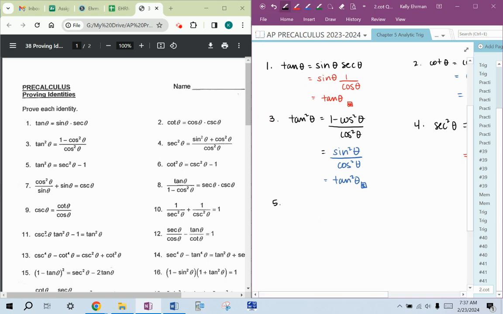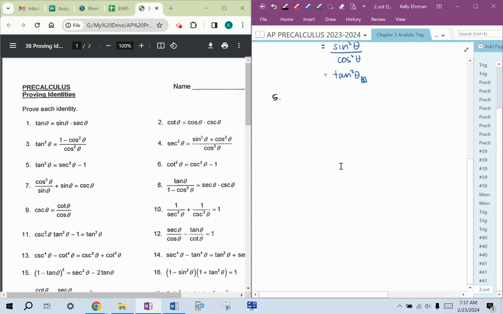All right, number 5 is tangent squared. Okay, these next two are kind of weird because this is the rearranged Pythagorean identity. So like tangent squared is secant squared minus 1. It's kind of like done. But if I needed to prove why the rearranged forms are possible, I would use the original Pythagorean identity I know.